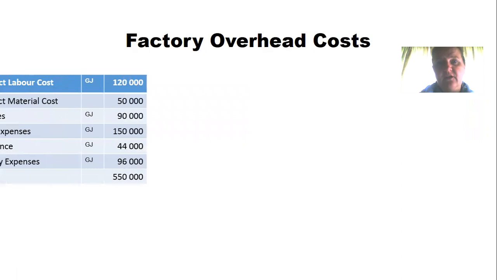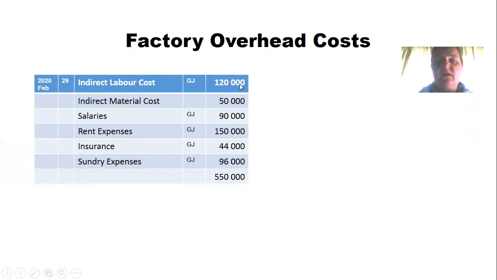Okay, factory overheads are those costs that are part of the process, but not directly involved. That would be the security guys, the cleaning ladies or gentlemen, any other laborer that's involved in the process but is not going to actually physically manufacture the article.